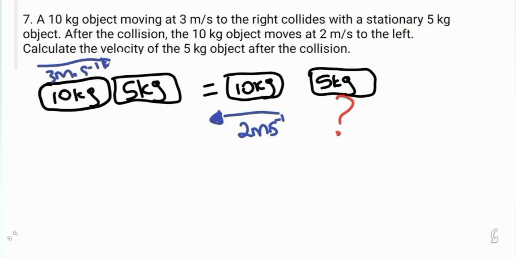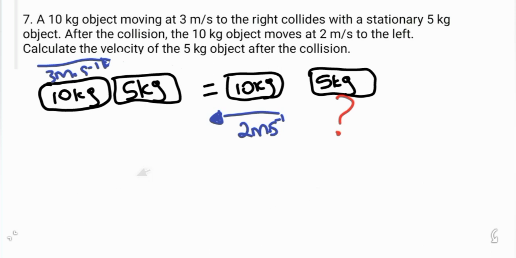A 10 kg object moving at 3 meters per second to the right collides with a stationary 5 kg object. After the collision, the 10 kg object moves at 2 meters per second to the left. Calculate the final velocity of the 5 kg block after the collision.